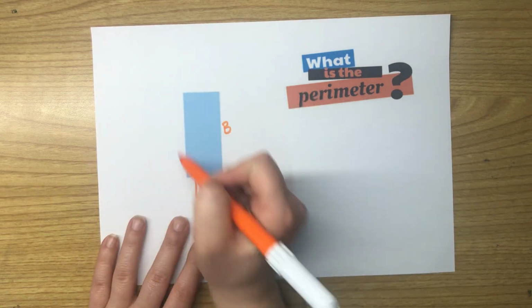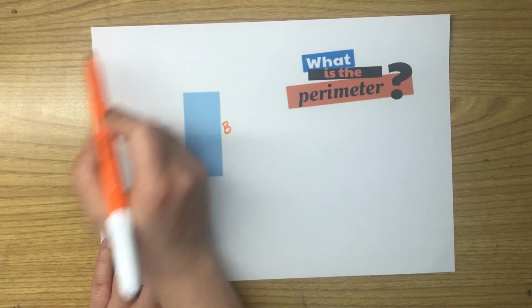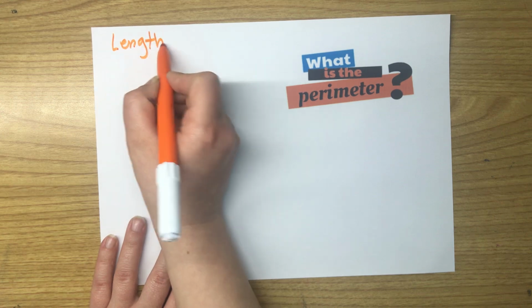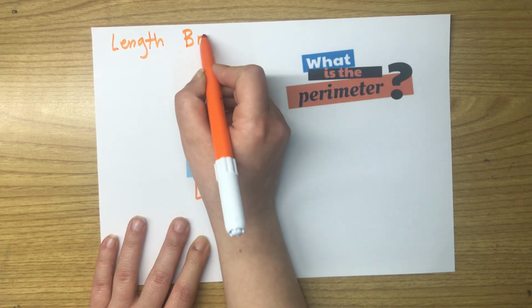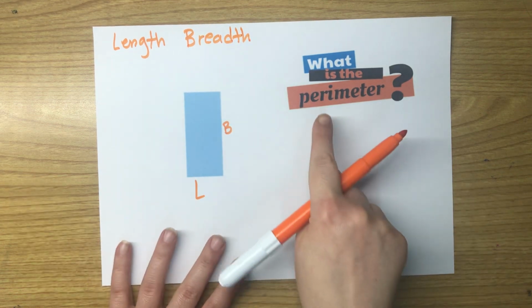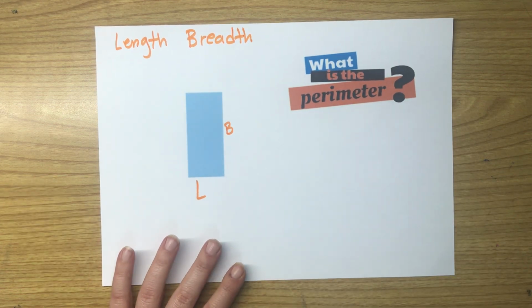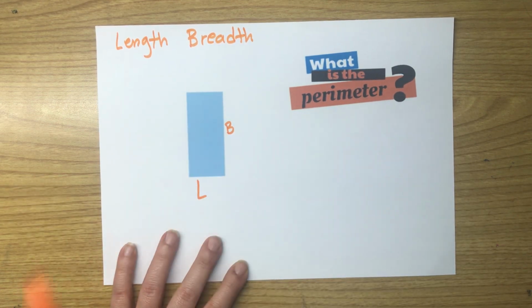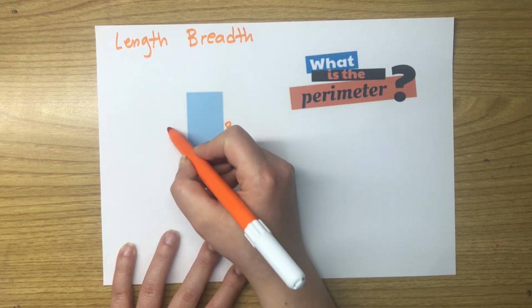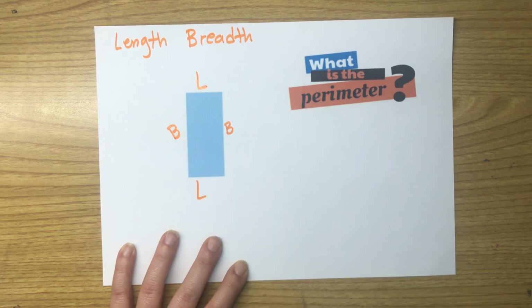So the dimensions of any rectangle are length and breadth. So what is the perimeter for the rectangle? You have to add the 4 sides. We have 2 breadths and 2 lengths.